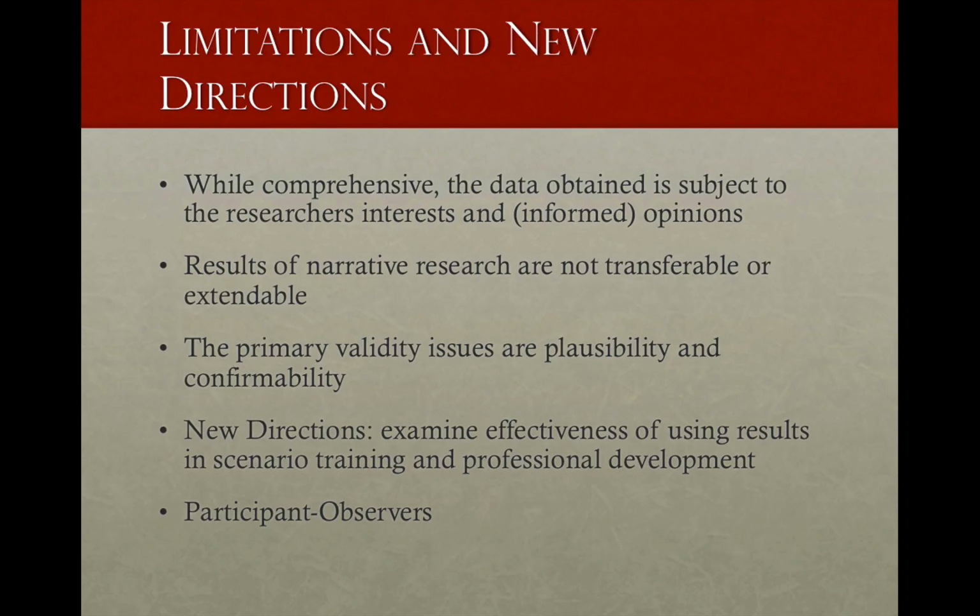The primary validity issue is about the plausibility of my findings and my interpretations. Confirmability is about being able to go back to the original data and assess its integrity. And the importance of having data in a format like this is that this invites other researchers to come back and inquire about this data set in other ways.